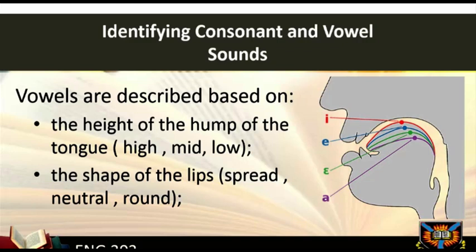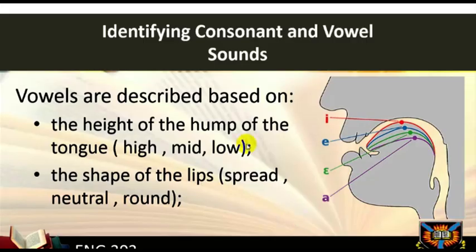D, whether the sound is front, mid, or back. Tip: when air is blocked by a speech organ, a consonant is produced. When no organ blocks the air and it flows out freely, a vowel is produced.